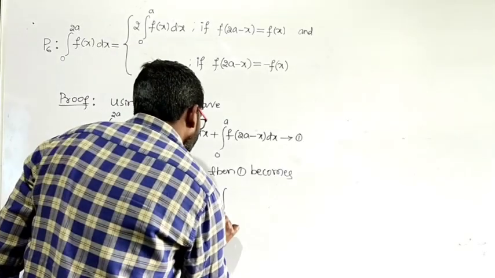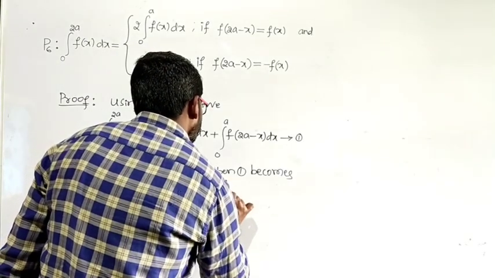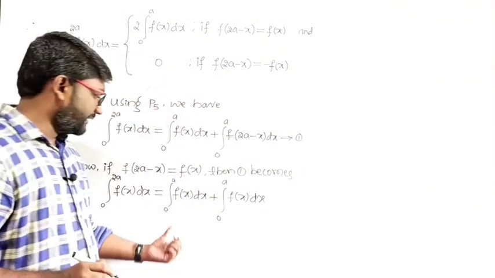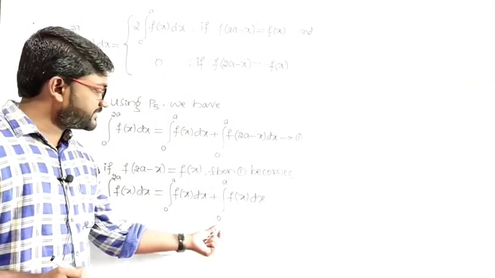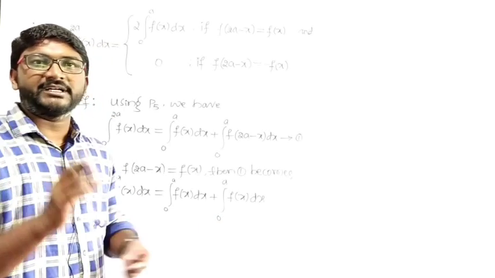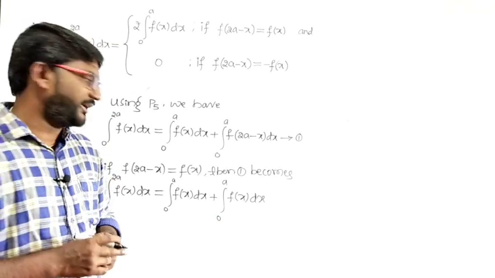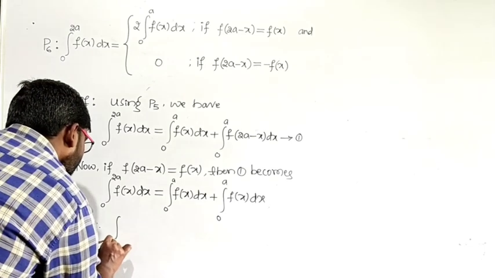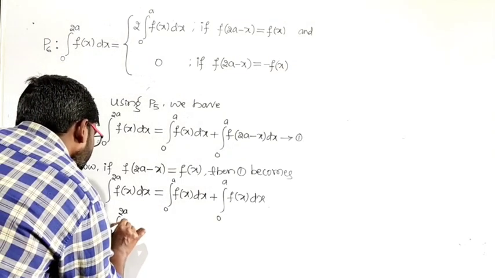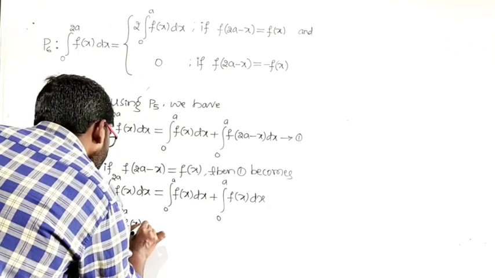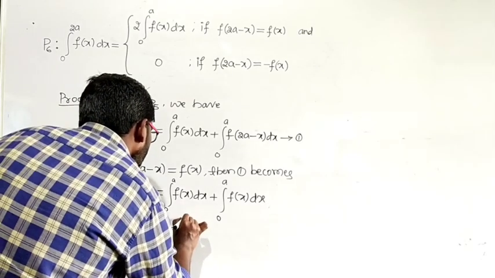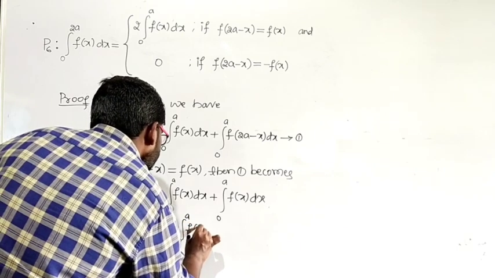Let us substitute that, 0 to a, I write f of x dx. See here, 0 to a f of x dx plus 0 to a f of x dx can be written as 2 times the integral from 0 to a of f of x dx. Therefore the integral from 0 to 2a of f of x dx is equal to 2 times the integral from 0 to a of f of x dx.